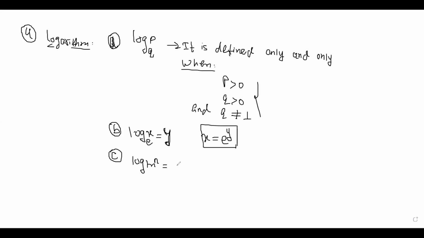Sufyan, you know what is the value of log m power n? n log m. Okay, n log m, and base n. D: e raised to power log x base e is equal to x. One thing here, this power and this base must be the same. Then this part becomes x.